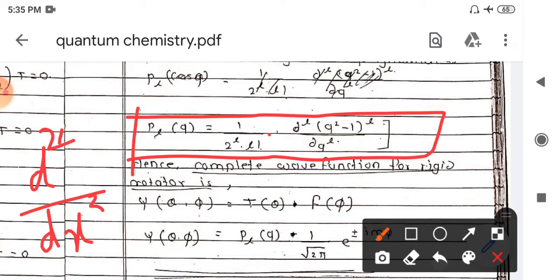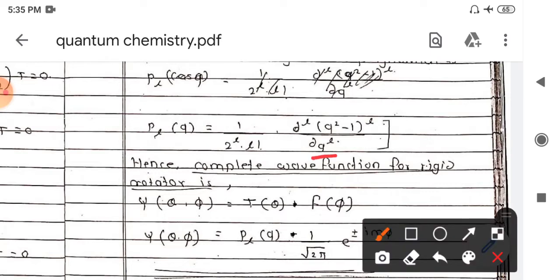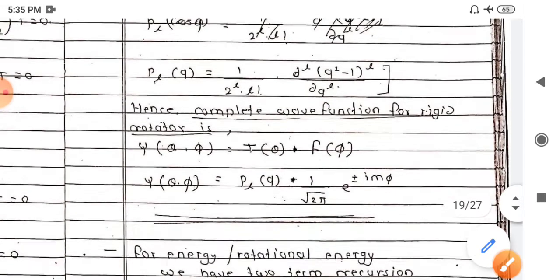For third order we put d3 upon dx cube. Likewise this is the Lth order derivative of the function q square minus 1, raised to L. So we have just taken the Lth order derivative of the given function.